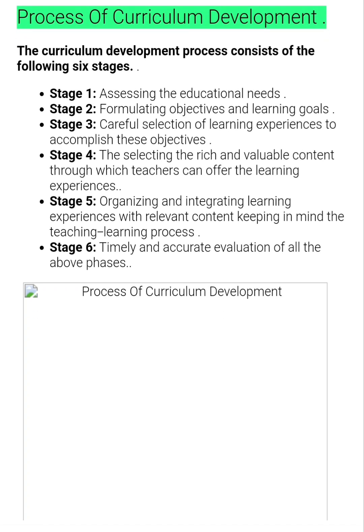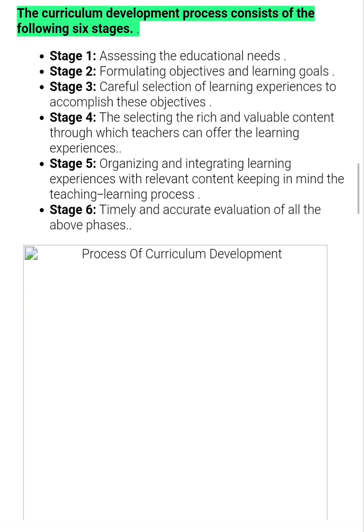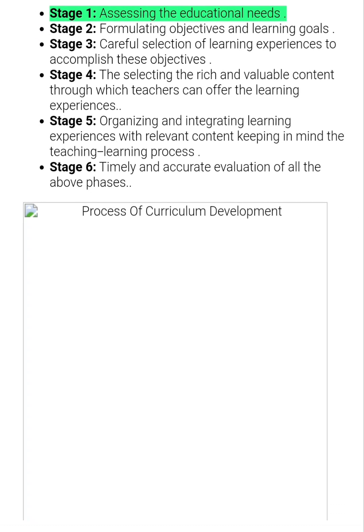Process of curriculum development. The curriculum development process consists of the following 6 stages. Stage 1: Assessing the educational needs. Stage 2: Formulating objectives and learning goals. Stage 3: Careful selection of learning experiences to accomplish these objectives.